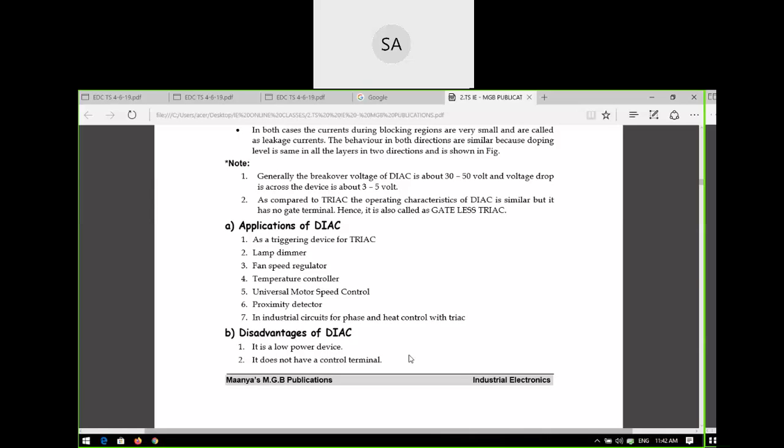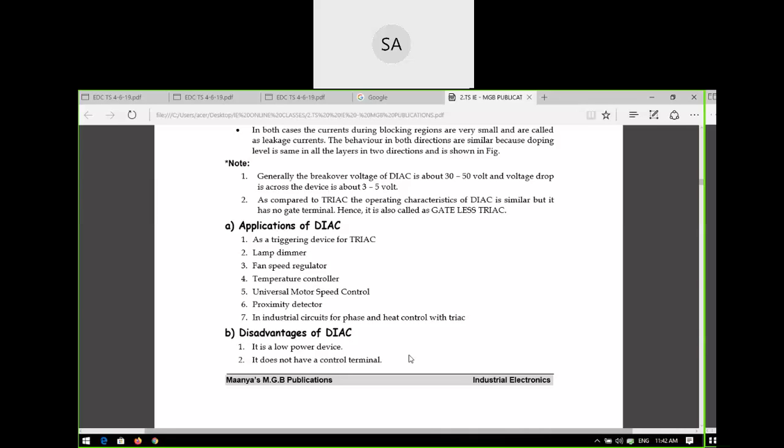So the applications of DIAC are: triggering device for TRIAC, lamp dimmer, fan speed regulator, temperature controller, universal motor speed controller, proximity detector, and industrial circuits for phase control and heat control with TRIAC.